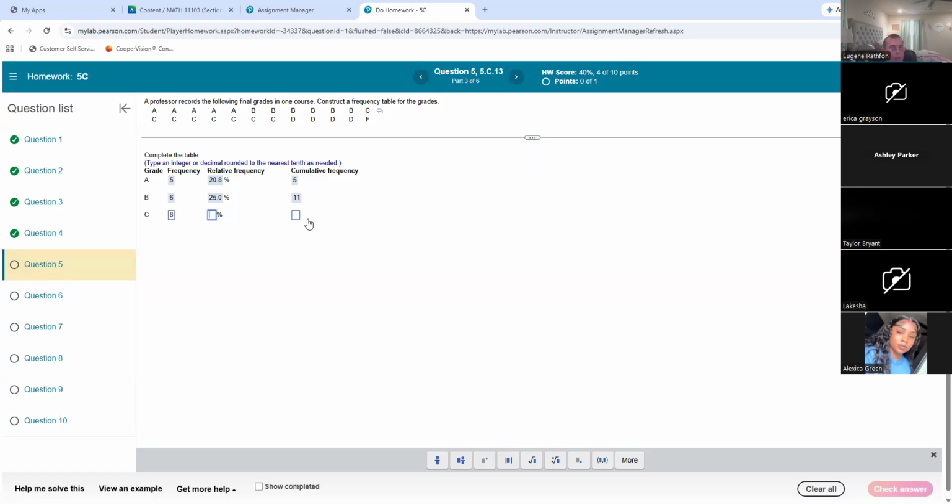All right, y'all, so y'all should be getting 0.33333333, which I'm going to move the decimal right and make that a 33.3. All right, I need the next cumulative. So, Taylor, what do you got? 19? Because 11 plus the 8 gives us 19. All right, we'll check that.